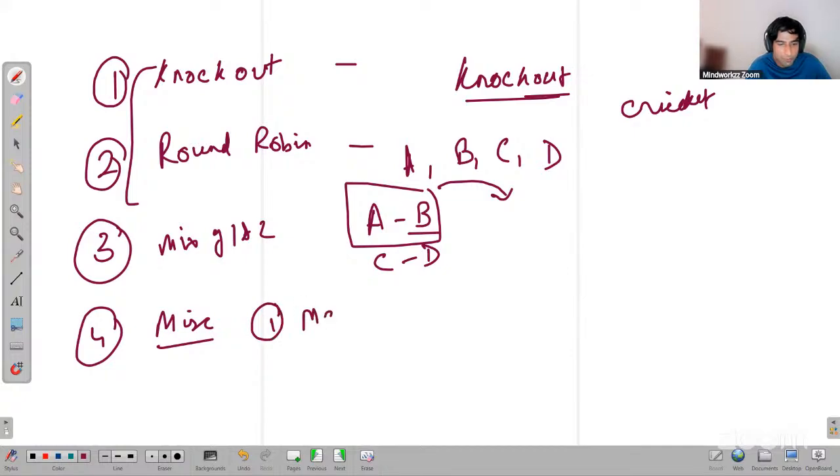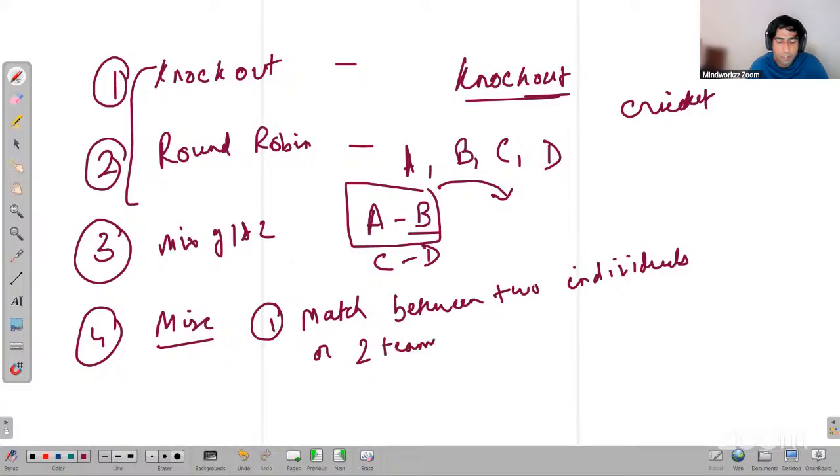So the point is, a matchup happens between two individuals or two teams.